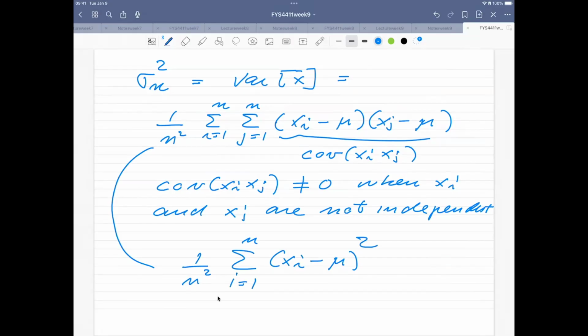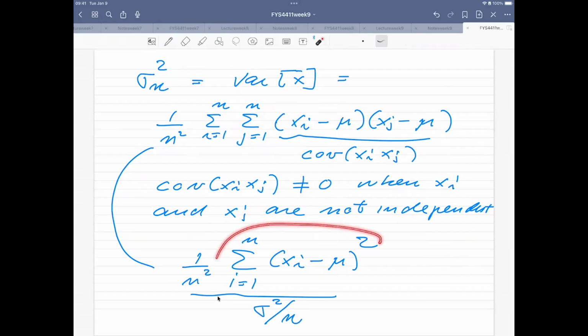This quantity which we have here was the same as the variance of a single experiment divided by n. And then we have a sigma squared divided by n.